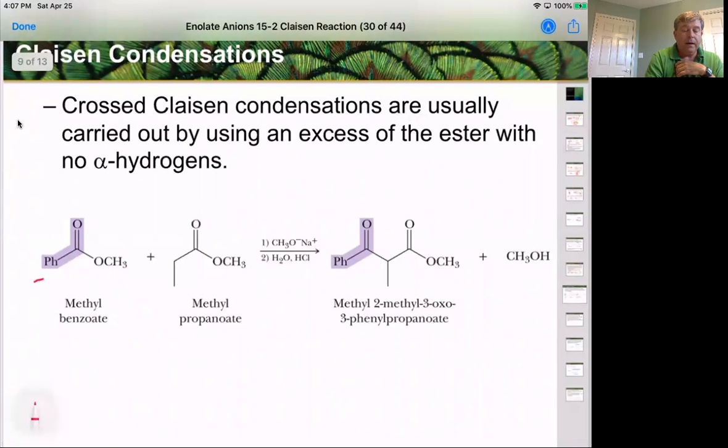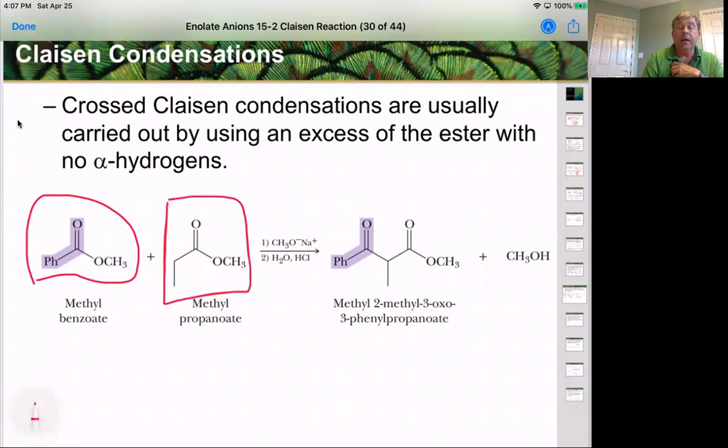So again, we have our compound with no alpha hydrogens. We have our ester with alpha hydrogens. Therefore, we're going to generate our enolate ion on this position. We're going to have it attack the carbonyl.